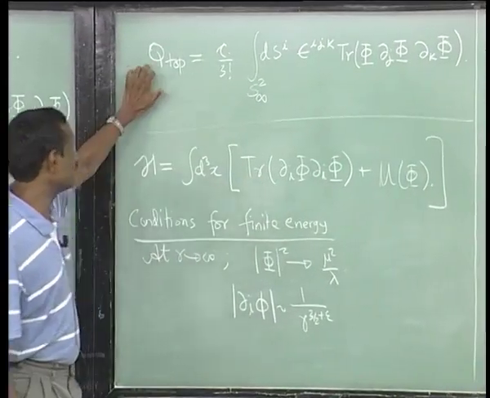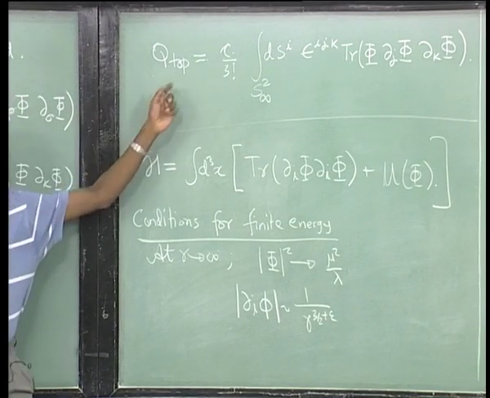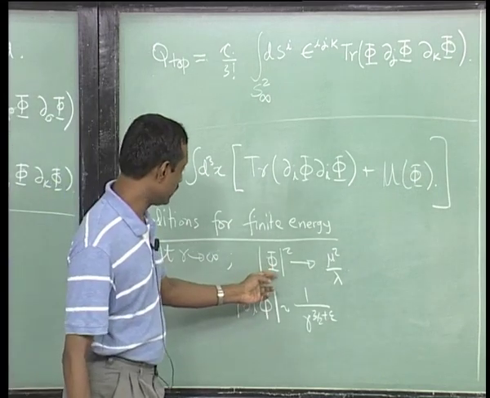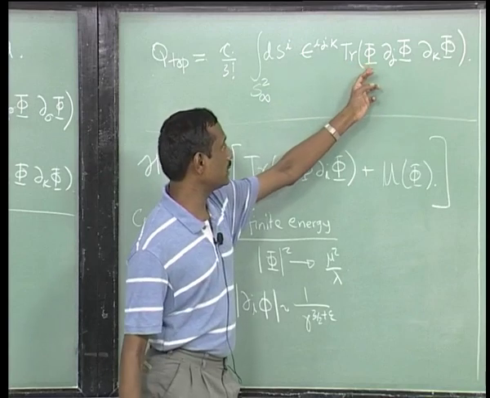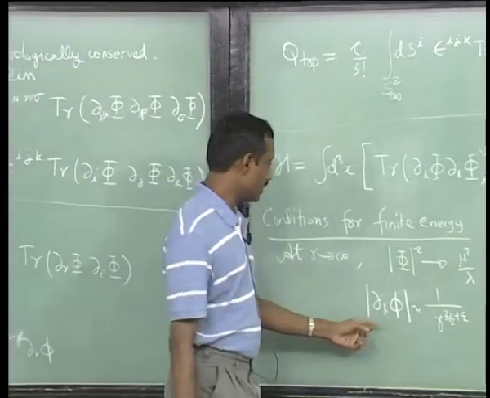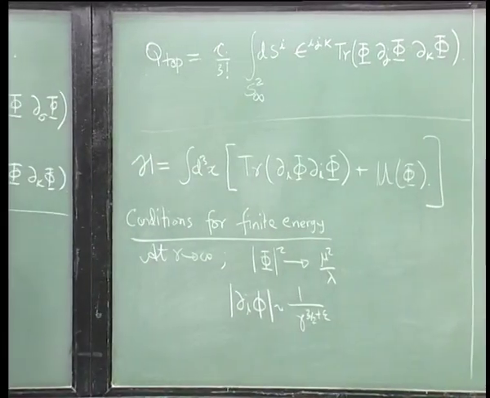But now let us ask, what are the conditions? Now that we have written this topological charge as something at infinity, the first thing you can see is that this sort of fixes this to go to some constant value. But now we have plugged these things in here and ask how will Q topological go?